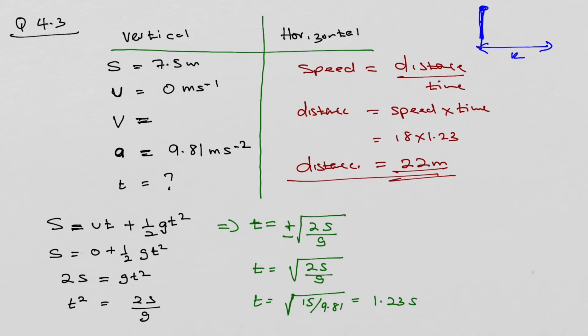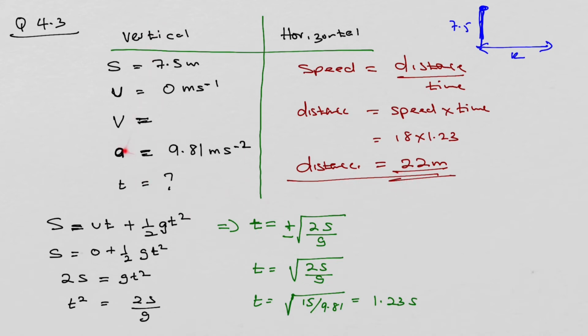U, the initial velocity, is 0 because we're talking about vertical now. The final velocity we don't know yet. a is the acceleration due to gravity, because gravity is acting downward. And the time it takes for the vertical is the same as for the horizontal, so time is common to both.